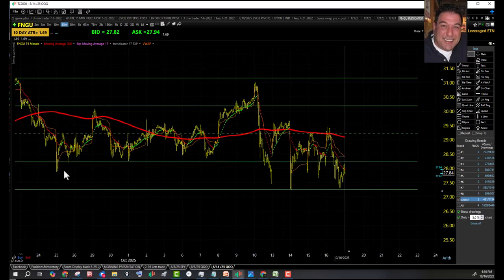So all in all, walking away from today, I would say the bears definitely own the day, and I think they're going to own tomorrow as well. We'll see what happens if price can actually make it back to VWAP.